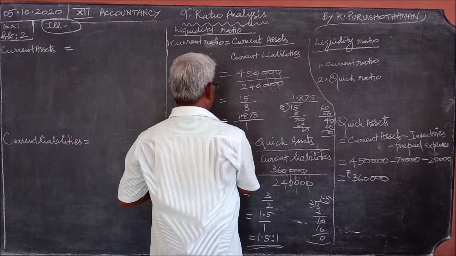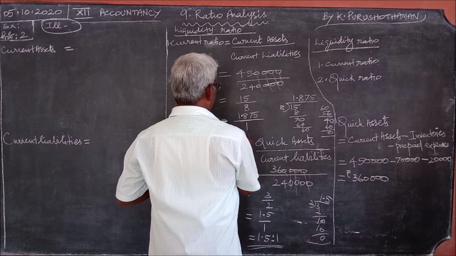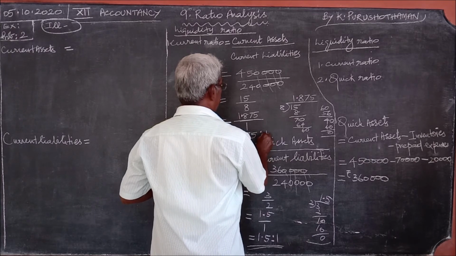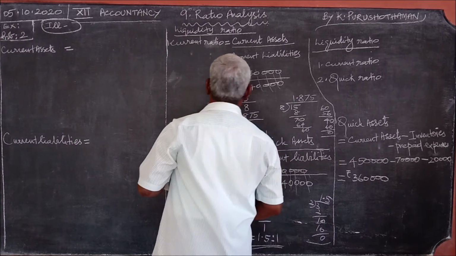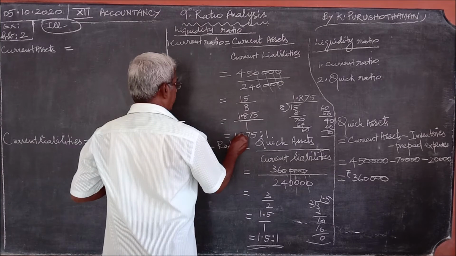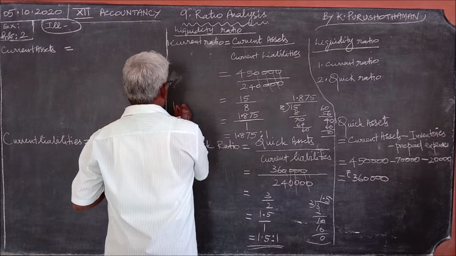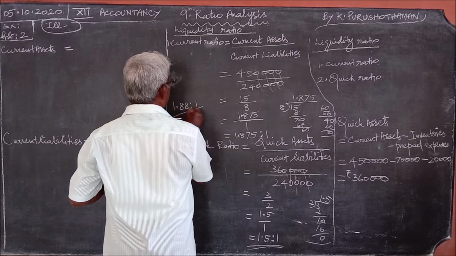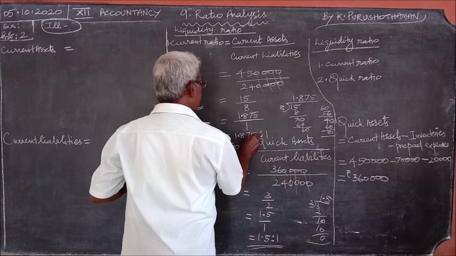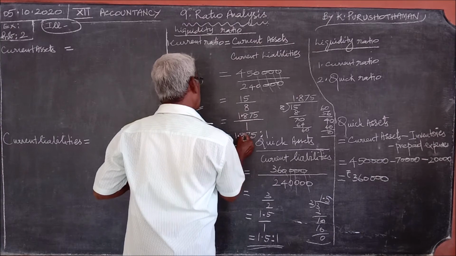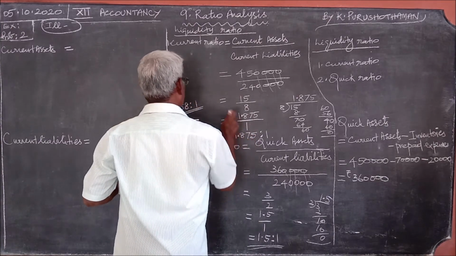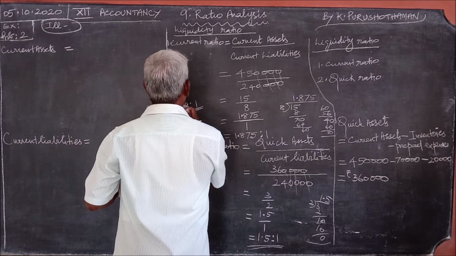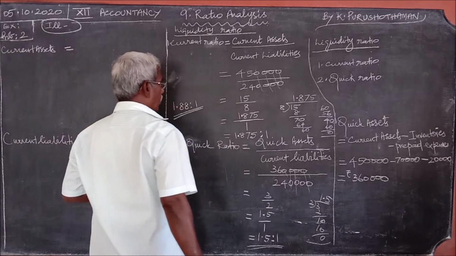This can be written as 1.875 is to 1. Sometimes they may not appear in 3 digits the decimal. In that case, what you can write? 1.88 is to 1. Because the third digit is 5 and above, you can add 1 with the next digit, that is 8. Therefore, 1.88 is to 1.